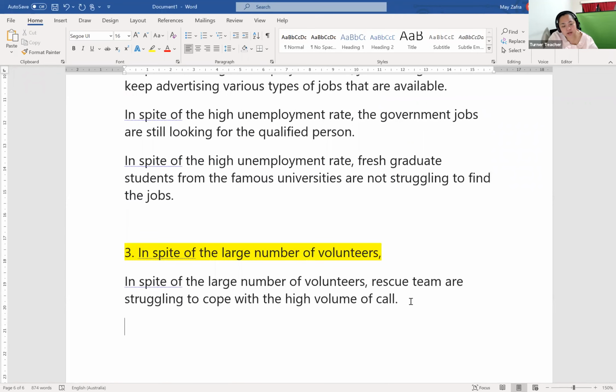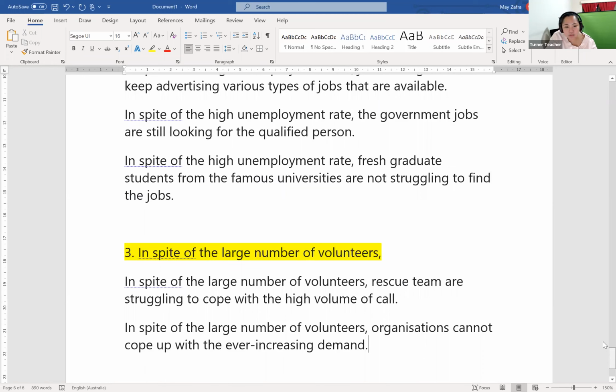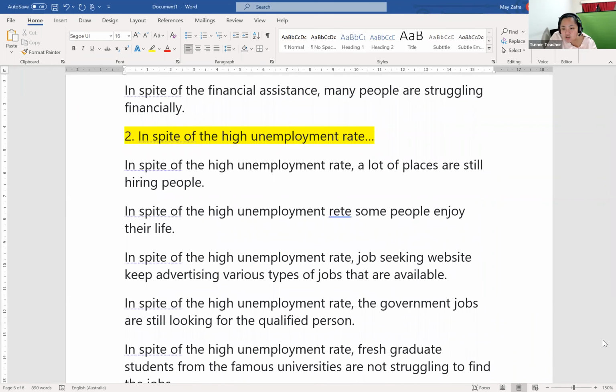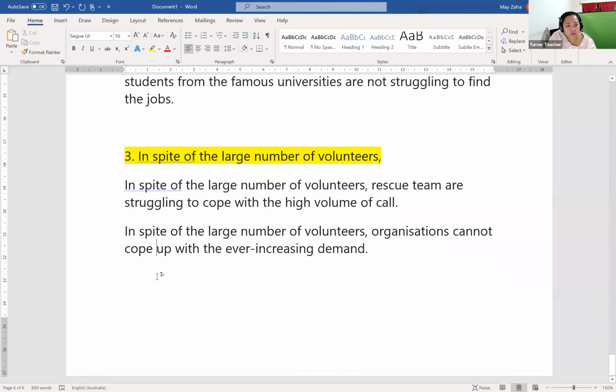This is the kind of sentences you want because you need high score. In spite of large number of volunteers, the operations volume are in an all-time high as job tasks keep increasing rapidly. Well done, Jason. Beautiful sentence there. Good on you.